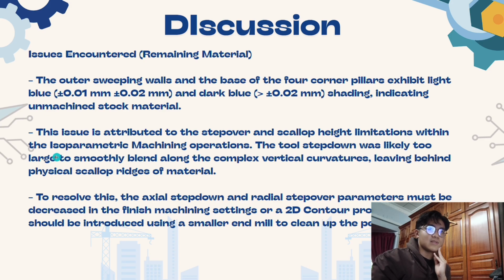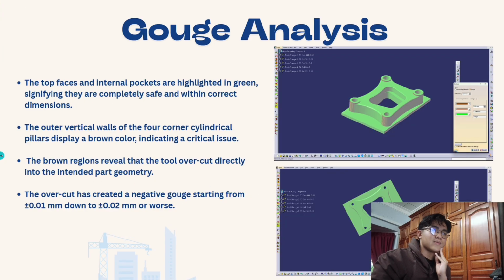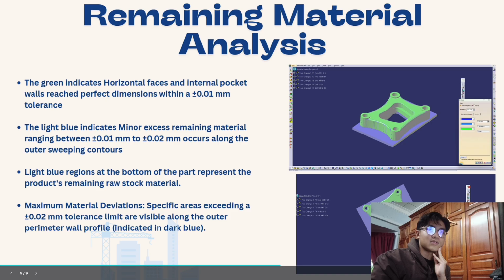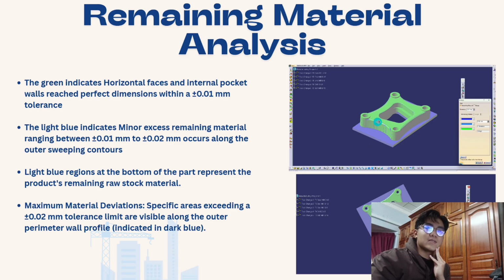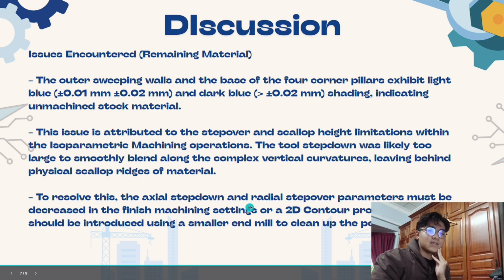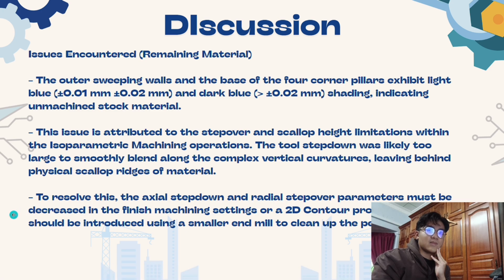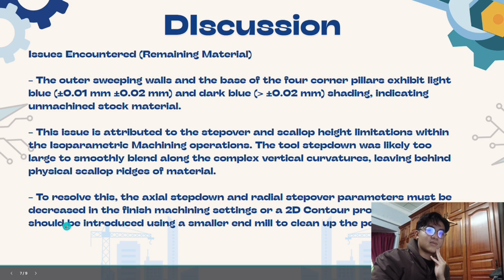The tool step down was likely too large to smoothly blend along the complex vertical curvatures, leaving behind physical scallop ridges of material. So maybe the cutting tool that we were using is too big. To resolve this, the step down and radial step over parameters must be decreased in the finishing machining setting, or a 2D contour profiling path should be introduced using a smaller end mill to clean up the perimeters.